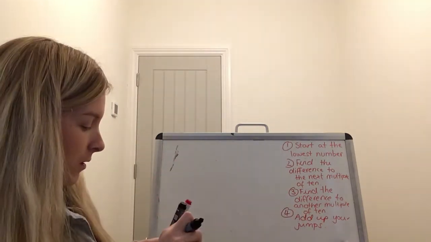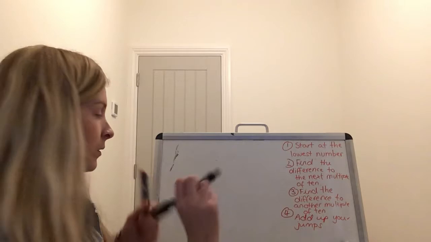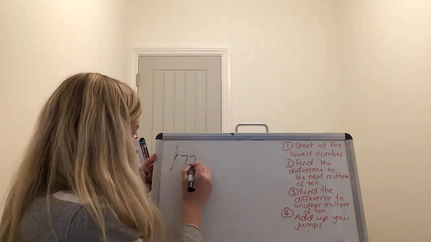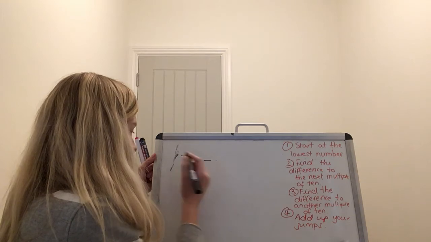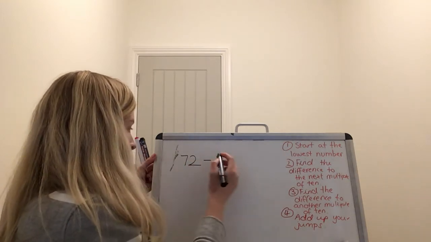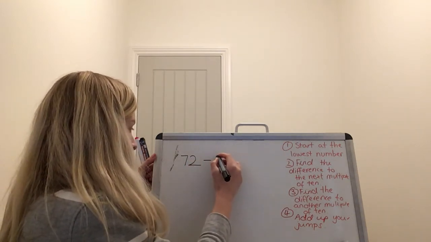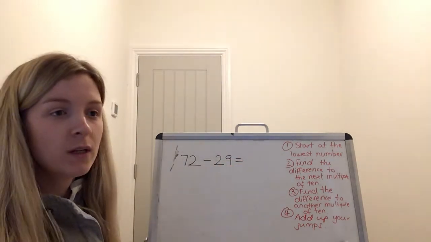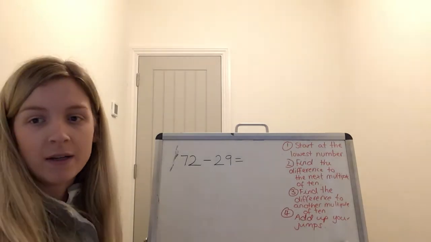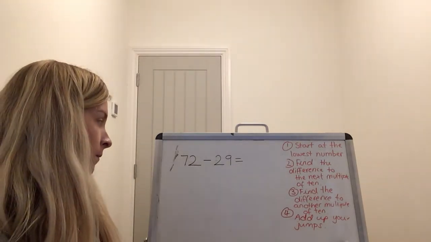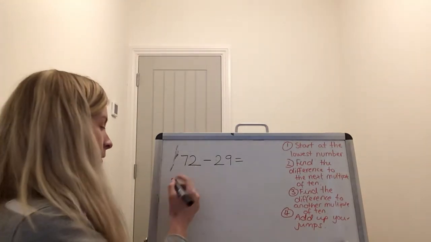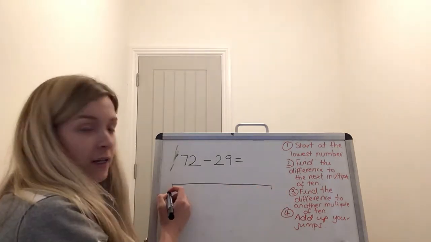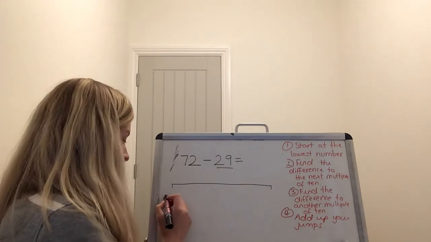Okay, let's do 72 take away 29. So I'm going to help you out. I'm going to draw my number line here. I'm going to start at this number, 29.